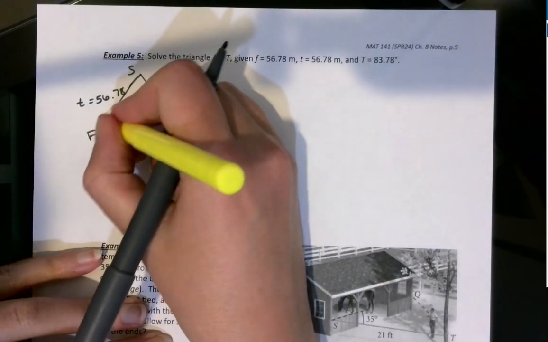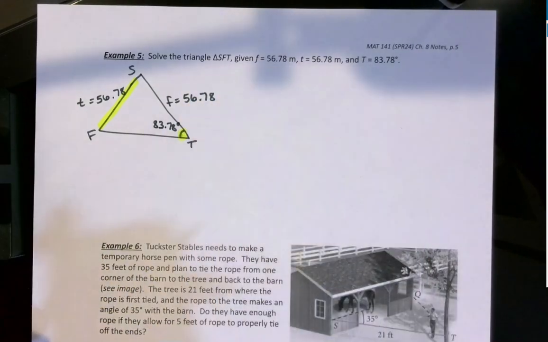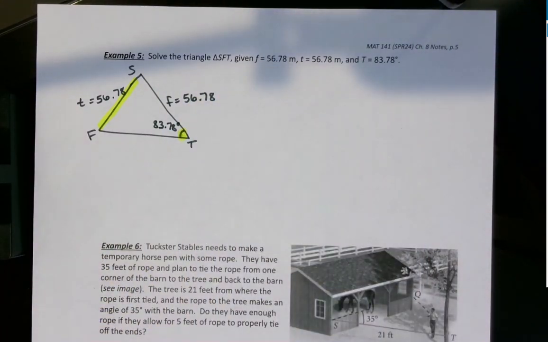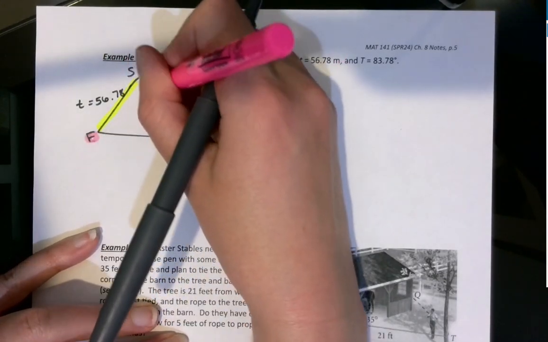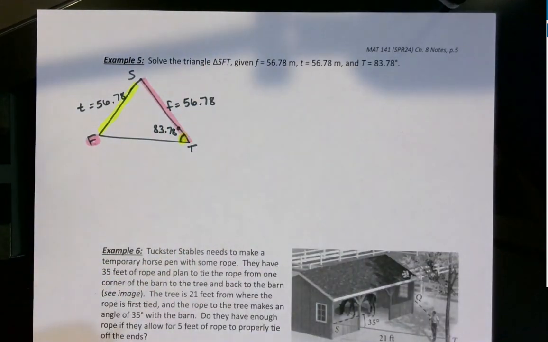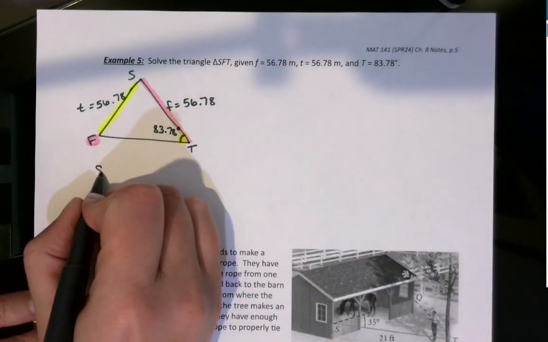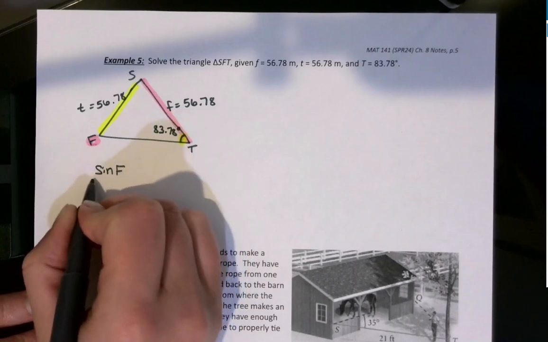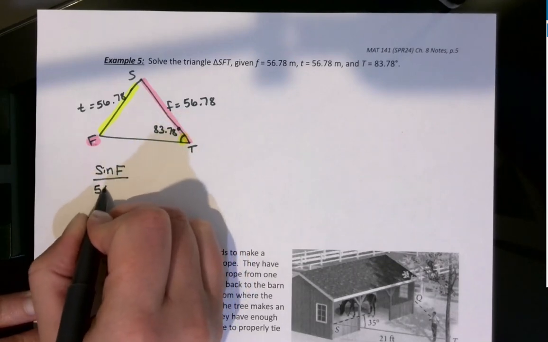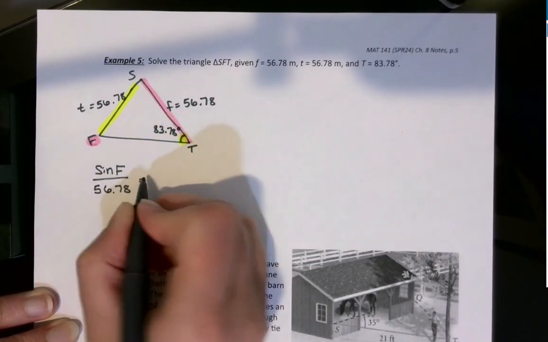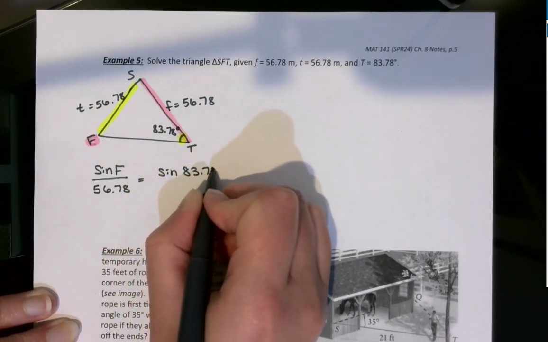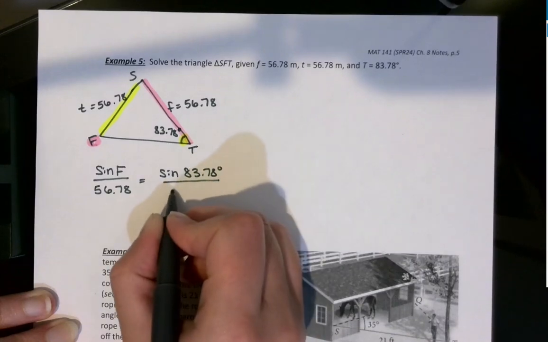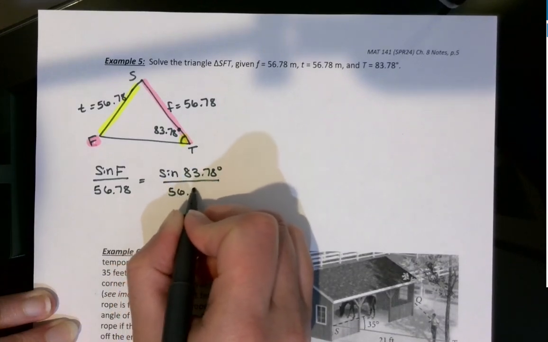Due to the fact that we have information about both side T and angle T, we're going to have to use that information. And the very first thing that we're going to need to find is going to be this angle F, since the only other piece of information we know is about side F. So let's start off with our sine of angle F divided by the side length of F, 56.78, and that's going to be equal to the sine of angle T, 83.78 degrees, over side length T, 56.78.